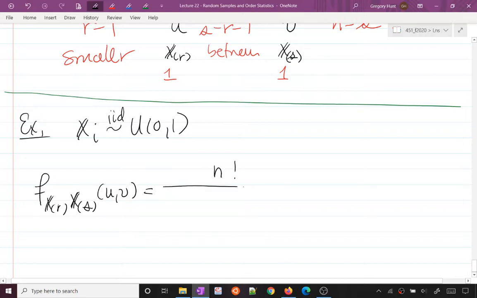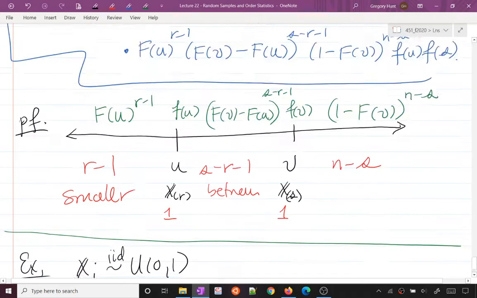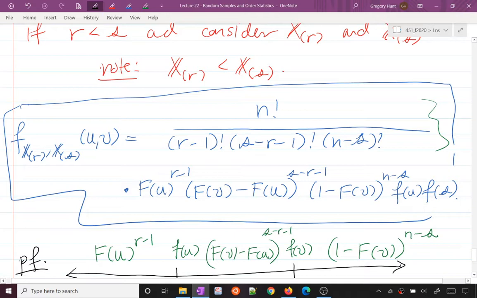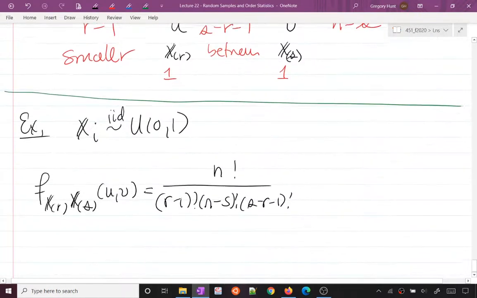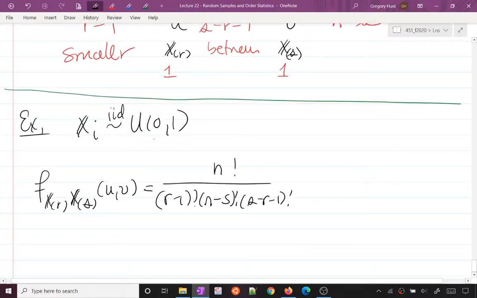It's n factorial over r minus 1 factorial, n minus s factorial, s minus r minus 1 factorial. And in the formula, it's the CDF to the r minus 1. Well, the CDF of a uniform is just F of t is t, and little f of t is always 1, as long as we're between 0 and 1.